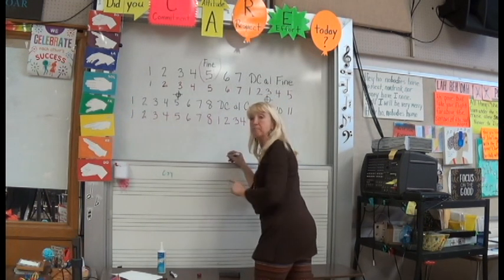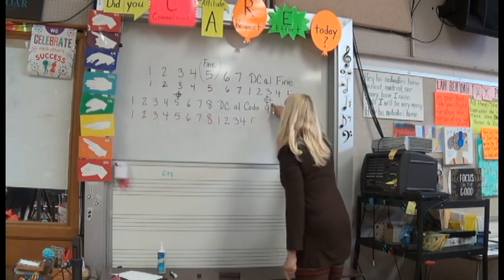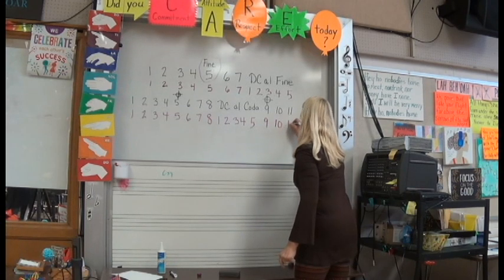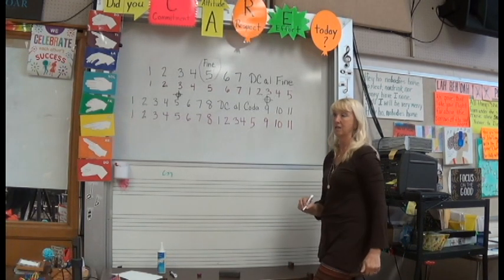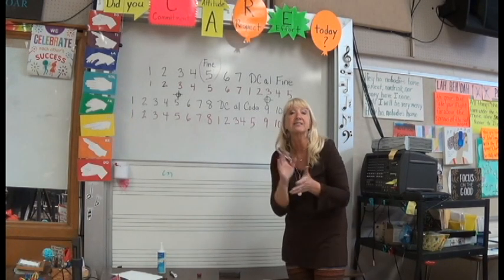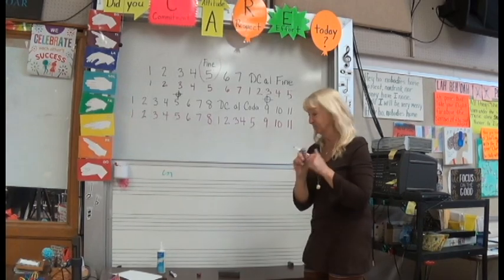So we're going to do a little matching game. Match up the coda, which means you go to here, 5, 9, 10, 11. Okay? So that's how you do DC. DC, go back to the beginning. Okay? Pause and do your own.